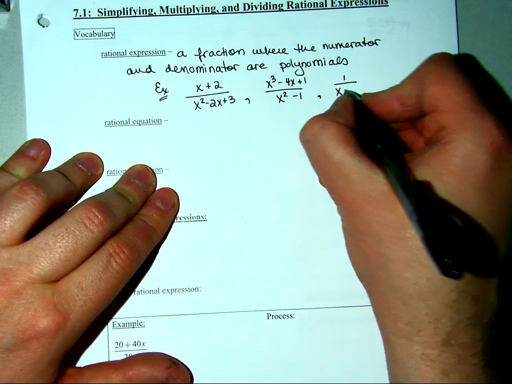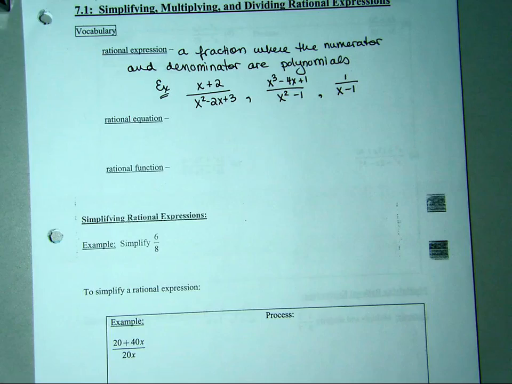So rational equation. What can we do with equations? Solve them. We're going to get numbers. They will equal something. We will solve them. A rational equation can be solved, and we will get number answers.